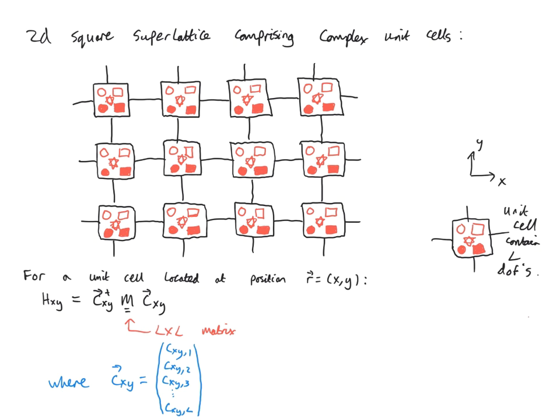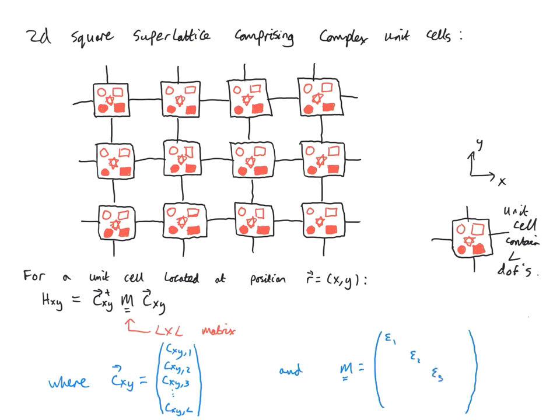And similarly, I have a matrix M, which is an L by L matrix, which describes how the orbitals couple to each other within the unit cell. So for example, orbital number 1 in the unit cell might have an energy epsilon 1. Orbital 2 has an energy epsilon 2.